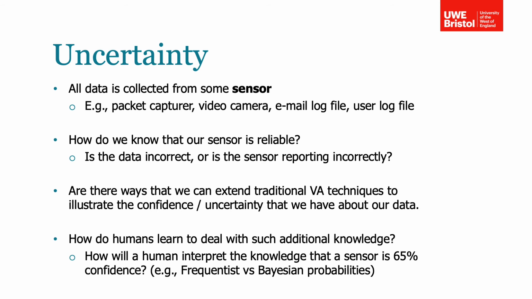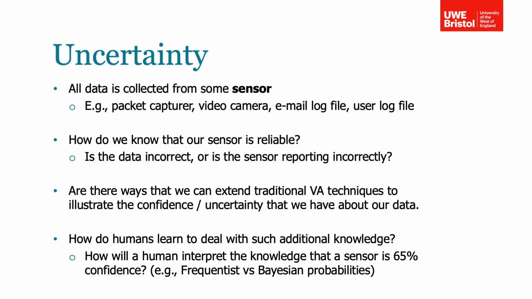Uncertainty is a fundamental challenge in data analytics. Data is gathered from a sensor, which could be a packet capturer, a video camera, a software tool, or a hardware sensor. How do we know that the sensor is gathering data reliably?